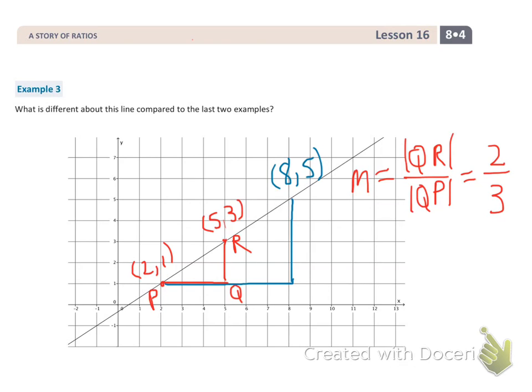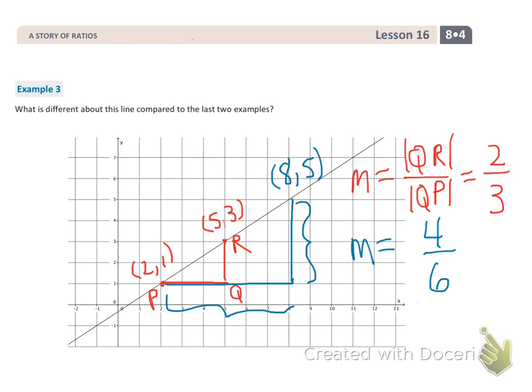And if I do that, then my slope is the same ratio, QR over QP, but I would have this distance here. So I would have 4, and the horizontal distance would be 6, and that would be my slope.